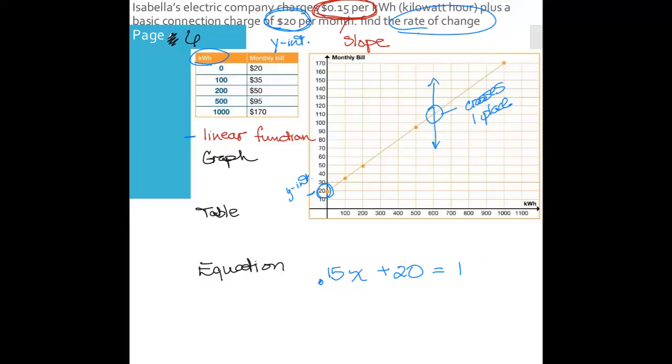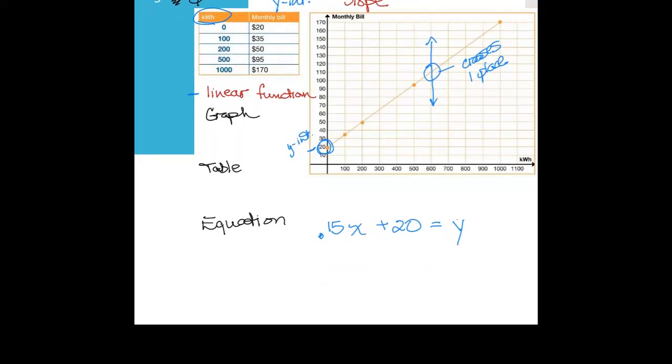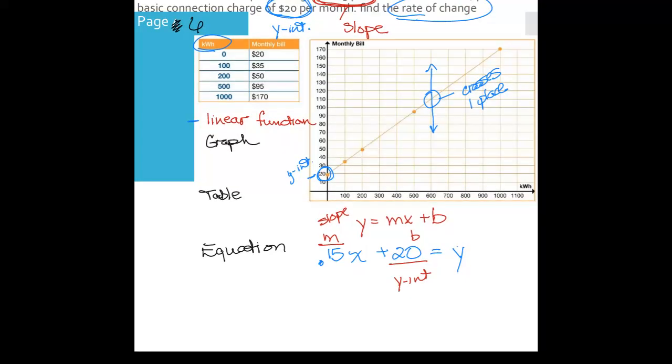Yeah, because it varies, right? So this takes the form of y equals mx plus b, where m is your slope, right here. That's your slope. Your b here is 20. That's your y-intercept. And what goes in here for this x and y right here?